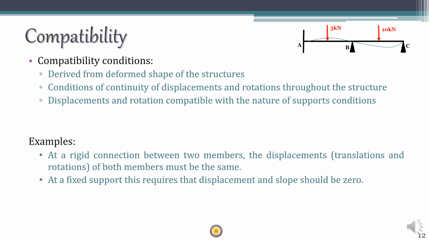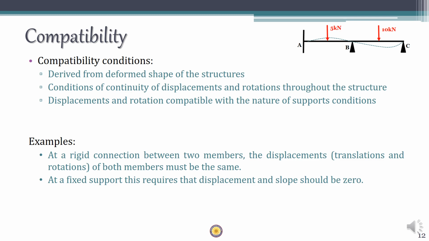Here you can see an example, a beam structure which has a hinge at B and a hinge at C. Two loads are acting, 5 kN and 10 kN. This dotted line is actually the deformed shape of the structure which you will get after you do an analysis.